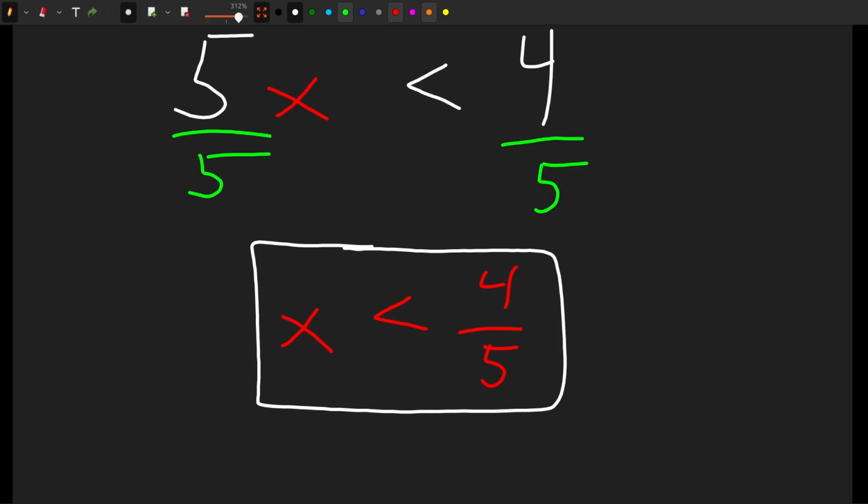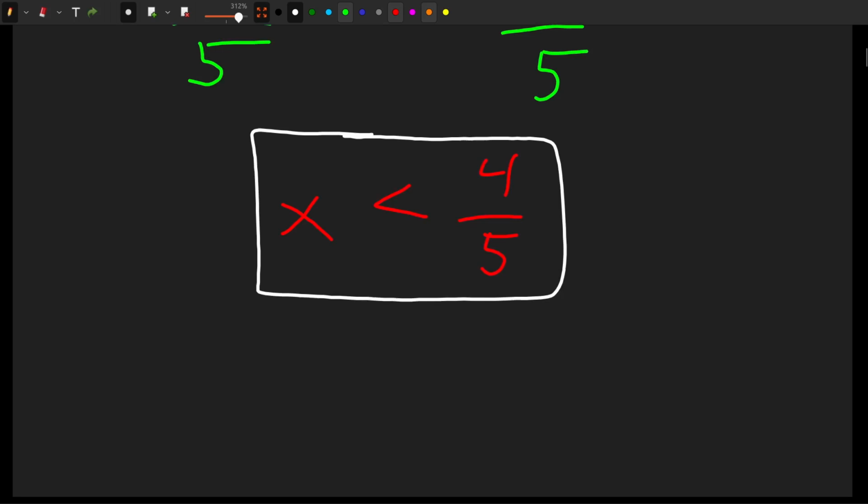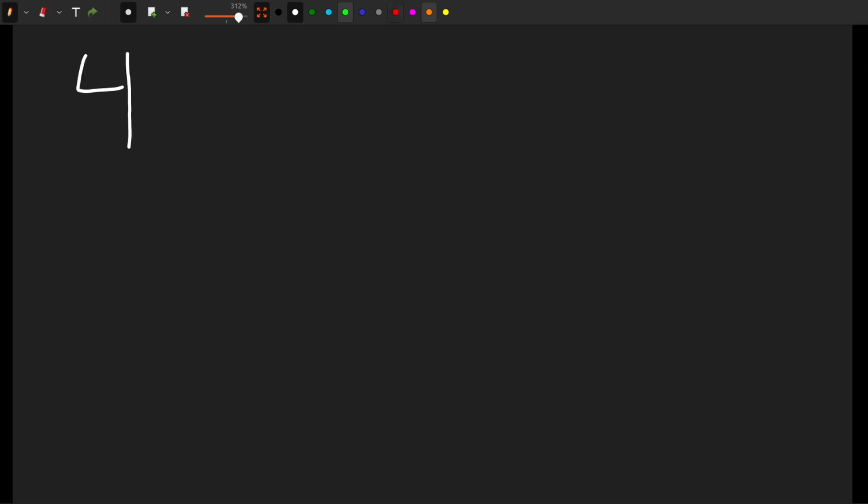Now, to present a solution to an inequality, we can do this one of 3 ways. I'll show that to you in another example. Let's think 4x plus 8 is less than 12.